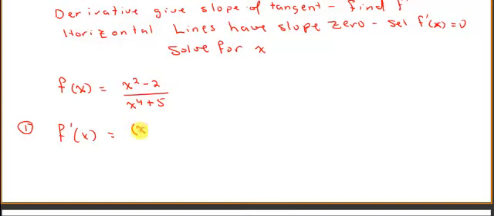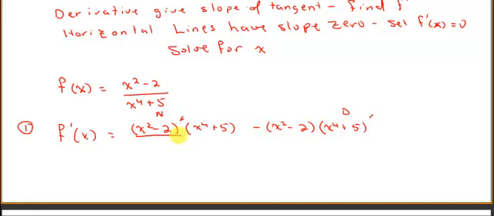We'll have x squared minus 2 over x to the fourth plus 5, and make two copies of this. In the first copy, I take the derivative of the numerator. In the second copy, I take the derivative of the denominator, and then I subtract them. This gets divided by the denominator squared.